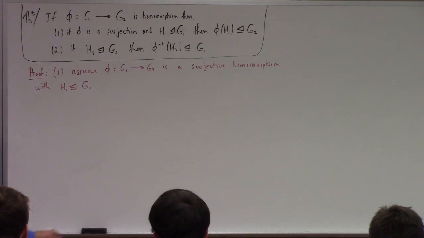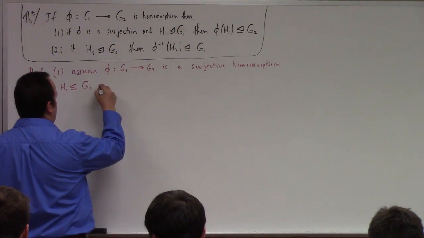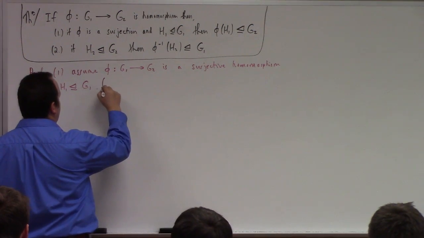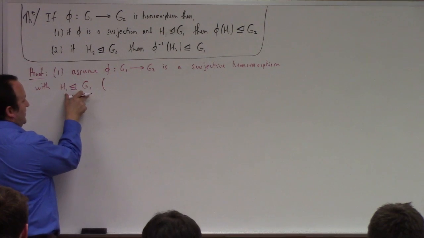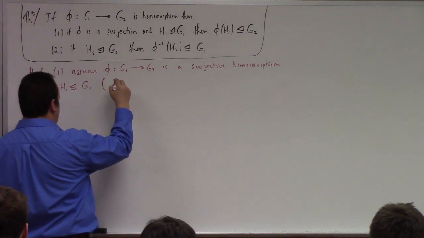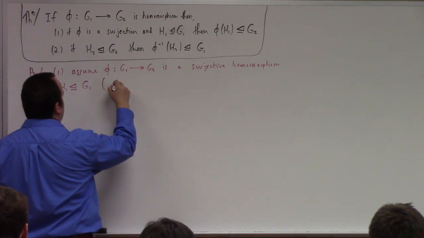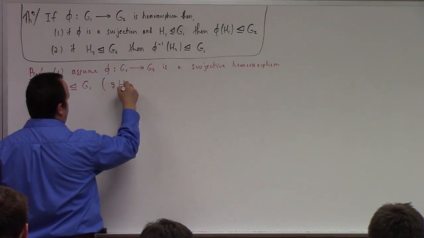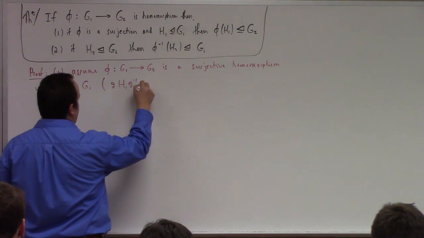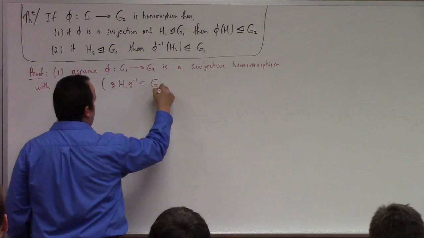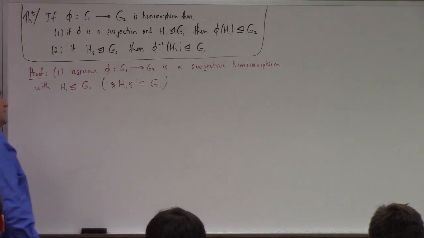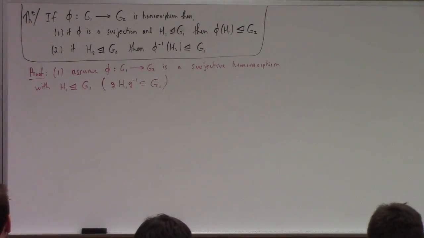So what does this condition mean? For us to say H1 is a normal subgroup of G1 means that G H1 G inverse is a subset of H1. That's the most convenient criterion we have here for normality.